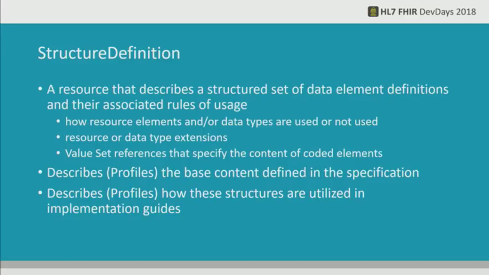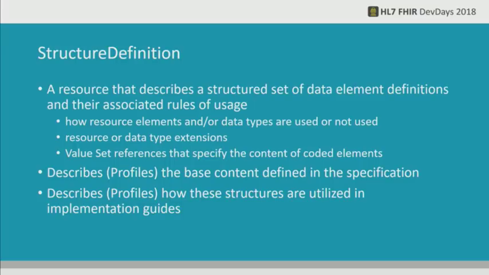So structure definitions, now that we're on this page, what are they? A structure definition is a way to describe the rules around the data of a particular resource type. In the base FHIR specification, every resource type has a base profile or structure definition where you get a bunch of zeros for the cardinality.